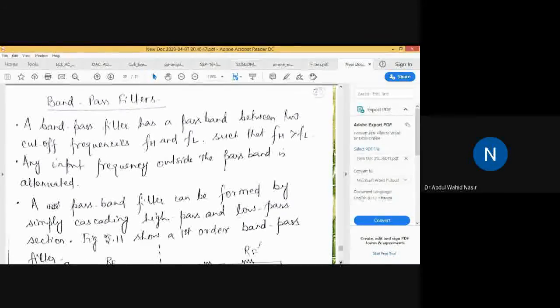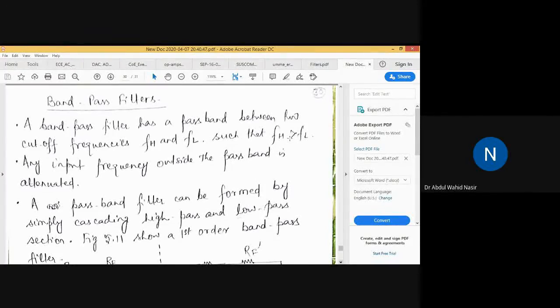So what is a band pass filter? As we already know, this filter will allow a specific range of frequencies to pass. The range of that frequency lies between two cutoff frequencies, FH and FL, and FH should be greater than FL. So a band pass filter has a pass band between two cutoff frequencies FL and FH, such that FH is greater than FL.